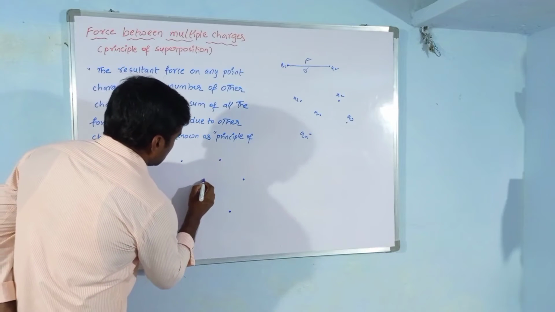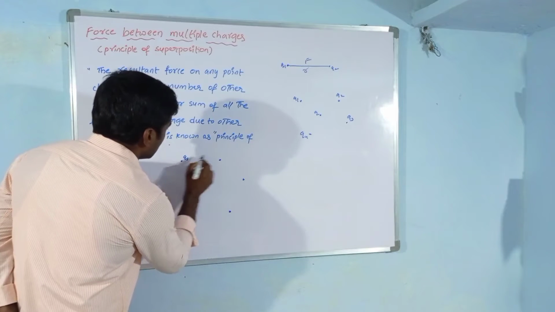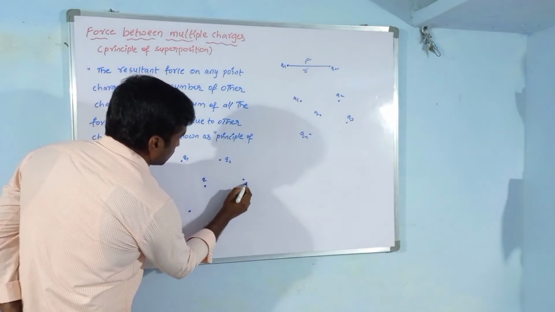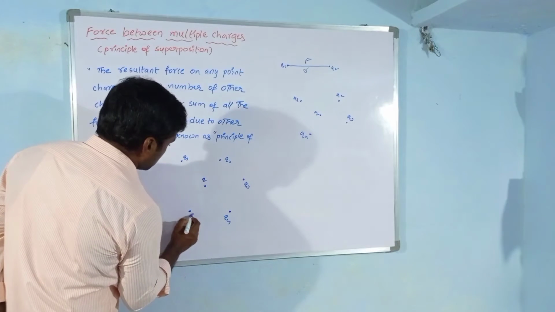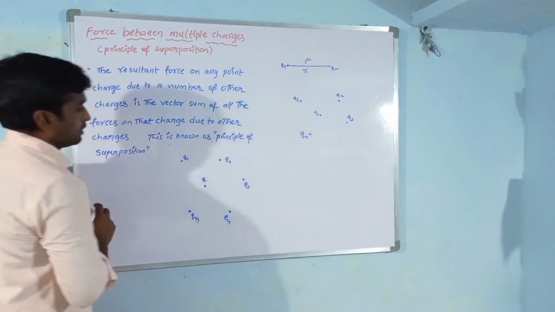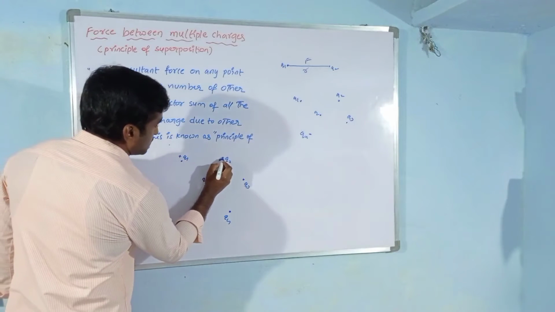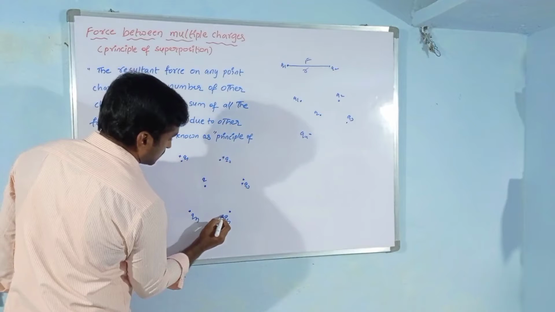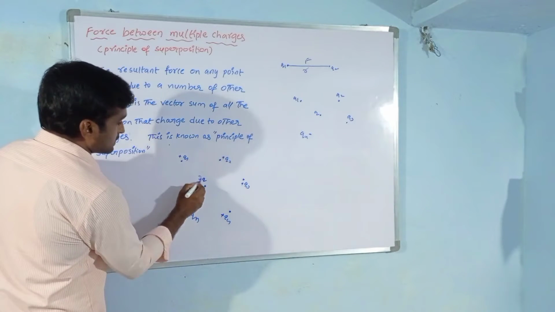This is charged particle Q, this is Q1, Q2, Q3, Q4, up to Qn. I am taking all these point charges as positive.